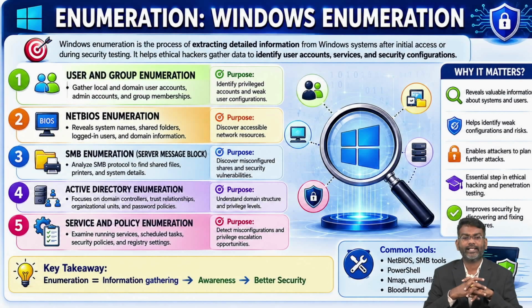Next, going with the SMB enumeration. SMB, as the name implies, is Server Message Block. It will be mainly checking for the discovery of any sort of misconfigurations. If any misconfigurations are there when we are sharing any sort of files or resources, that may lead to security vulnerabilities.